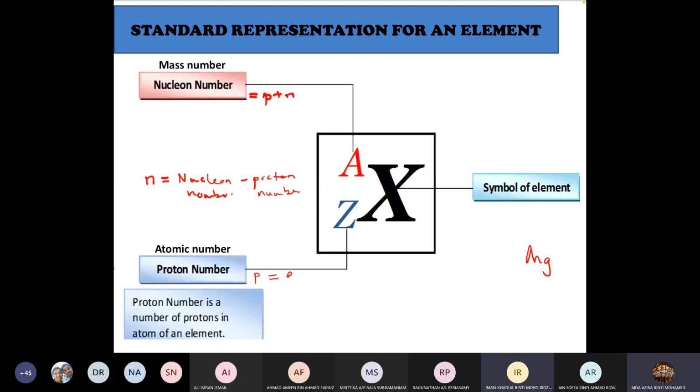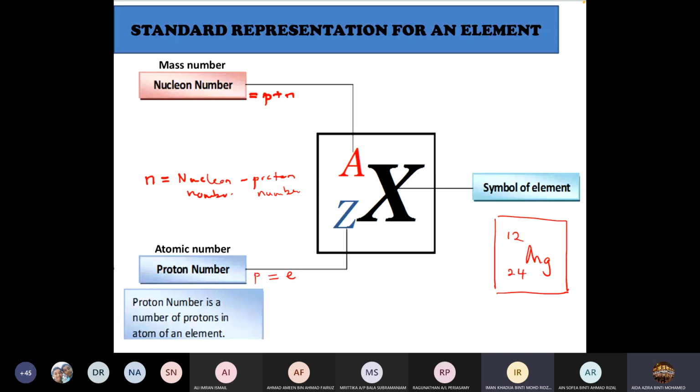Example, teacher gives you magnesium, we have 12 and 24. Okay, this standard representation, look carefully.